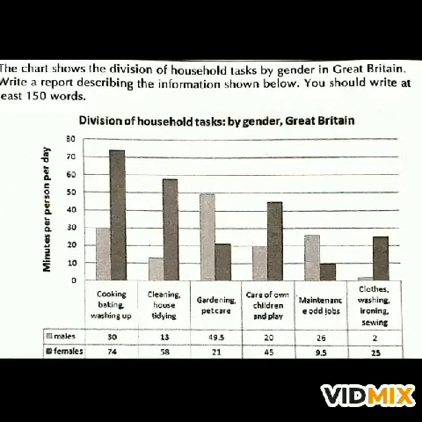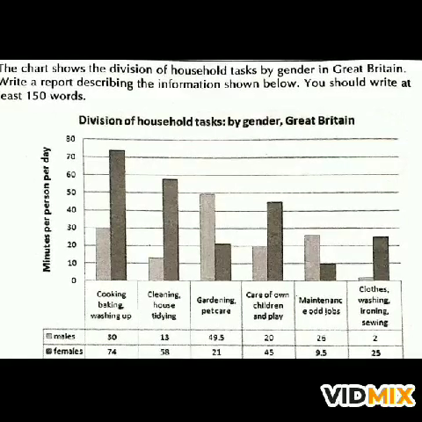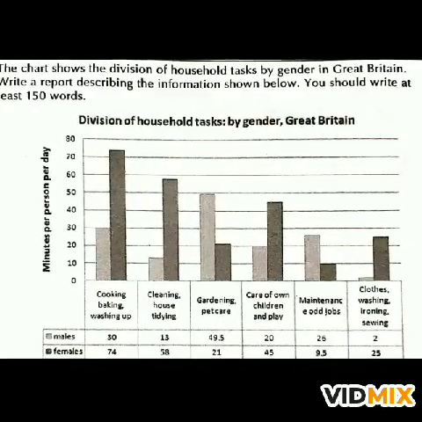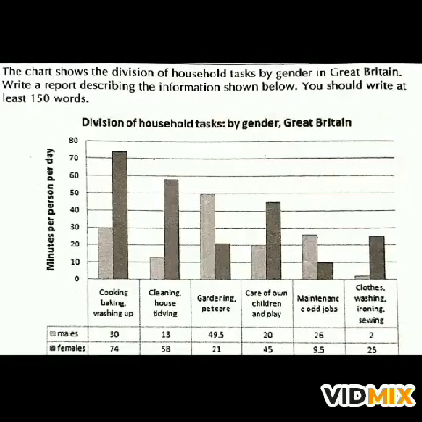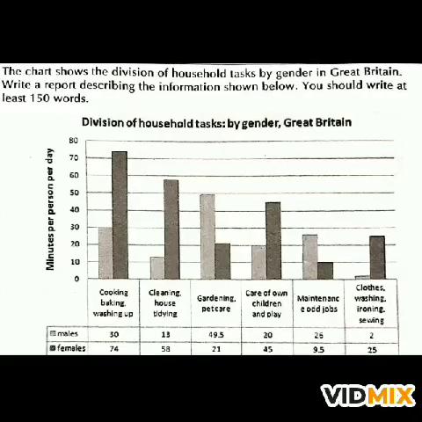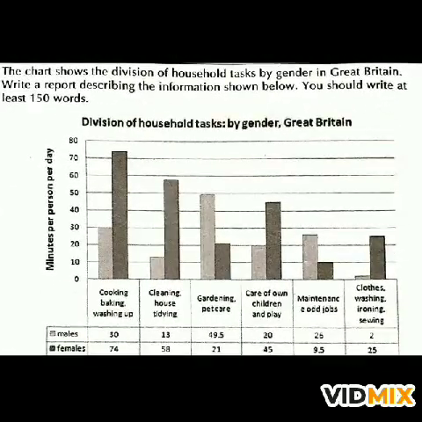Y-axis and X-axis, isn't it? So look at the Y-axis, what does it suggest? It suggests the minutes spent by men and women per day. And what about the X-axis? It suggests the different household tasks done by men and women.